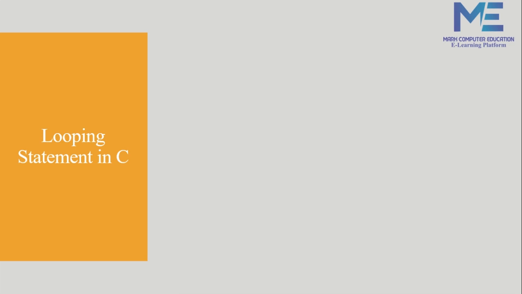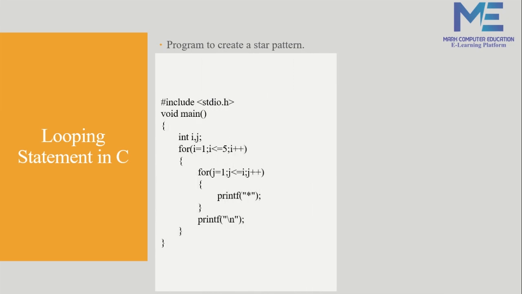Okay, so here I am showing you one program which will print a star pattern. Here is my program in which I have used two for loops. The first is my main for loop and the second is my inner for loop. The main for loop starts from 1 and goes to 5, and the inner loop also starts from 1 and goes to i.